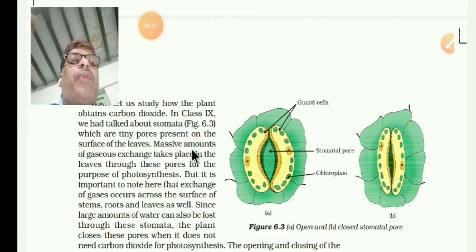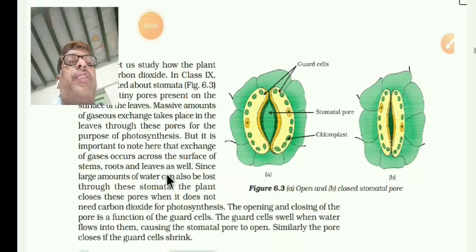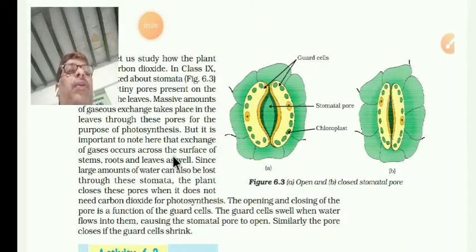In these stomata, a large amount of gaseous exchange takes place in the leaves through these pores for the purpose of photosynthesis. You know that plants do the photosynthesis process, taking in carbon dioxide and giving out oxygen.